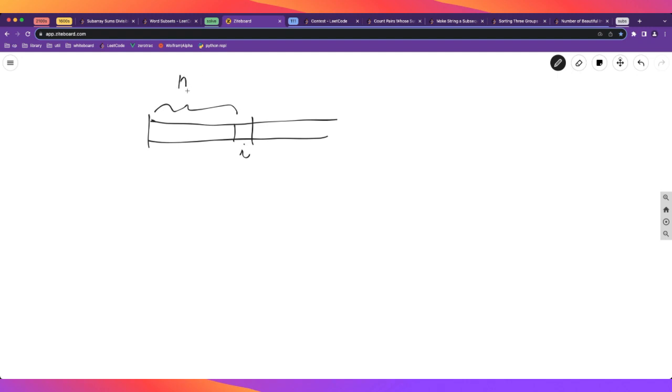So nums of, let's say this is j, plus nums of i is less than or equal to the target.